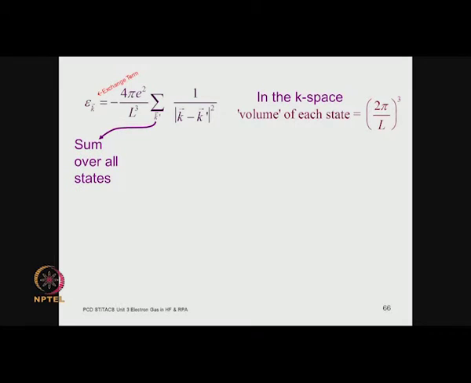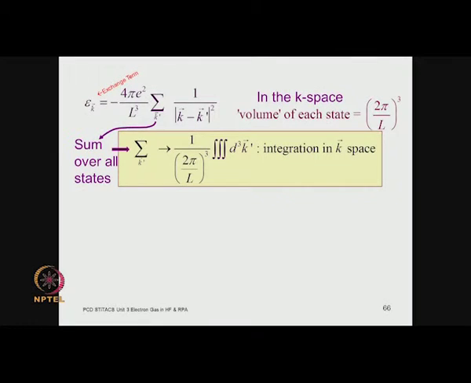But we are dealing with a sum over all the states. But when we go to a continuum model, because the electron wave vector, when you take the free particle states, which is what we are using, e to the i k dot r type of solutions for free particle states, then of course you need to carry out integration over all the states rather than summation over the discrete states.